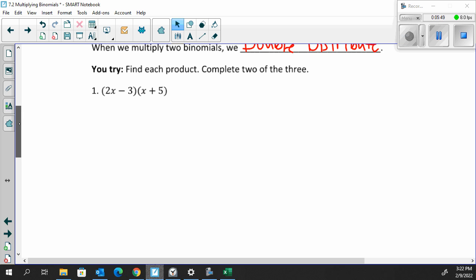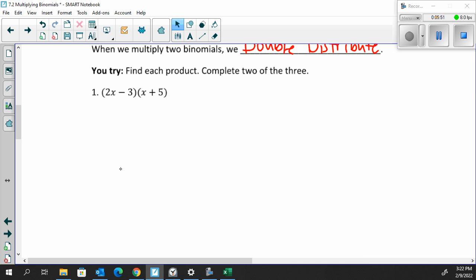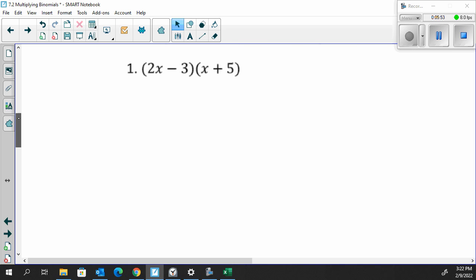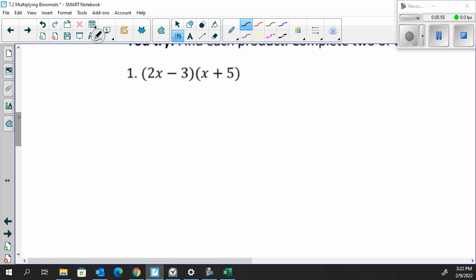Okay, we can do the first one. All right, so what's the thing that I do again? What's it called? Distributing, but there's two of them, right? So it's double distributing. So it's not just distributing one thing, we're distributing two things. So I do 2x times x. What's 2x times x? And then I do 2x times 5.